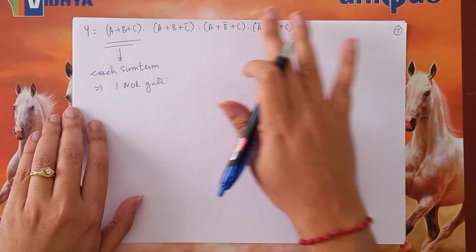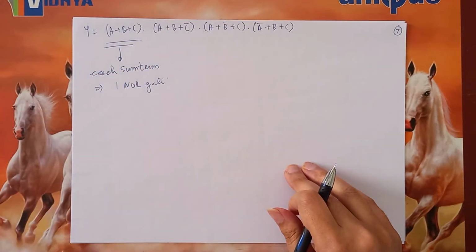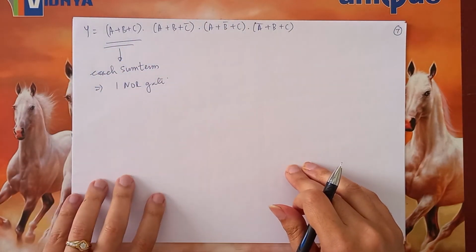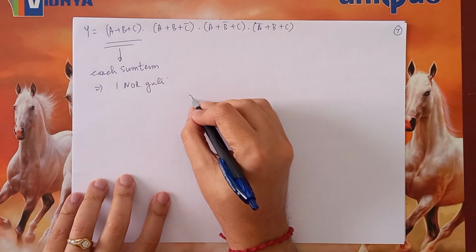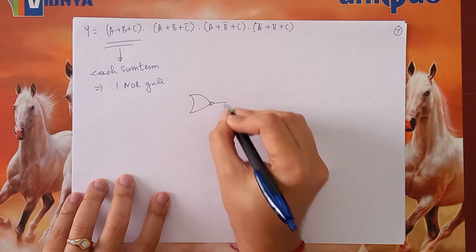So once again, you will have 4 NOR gates because there are 4 sum terms. So let us say NOR will be like this.